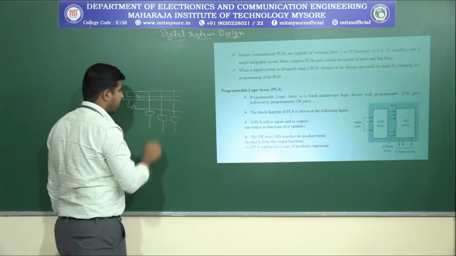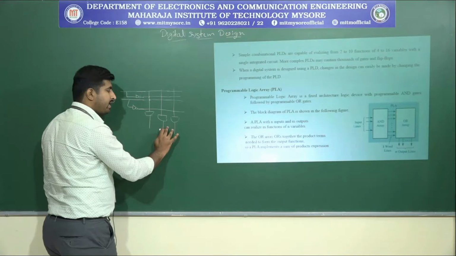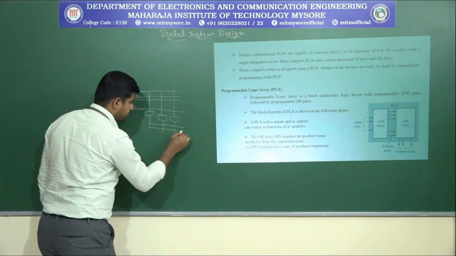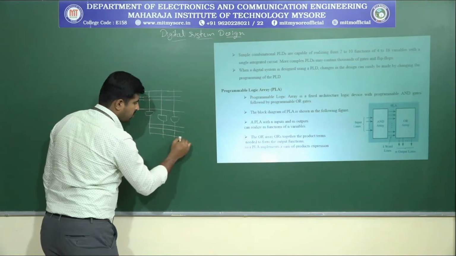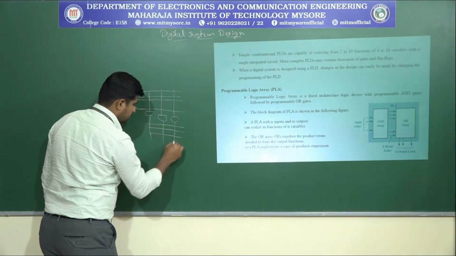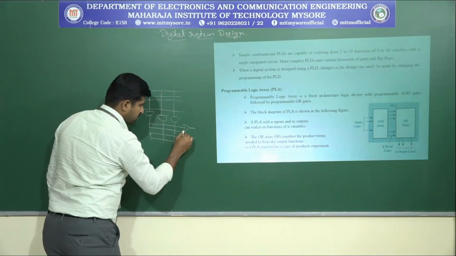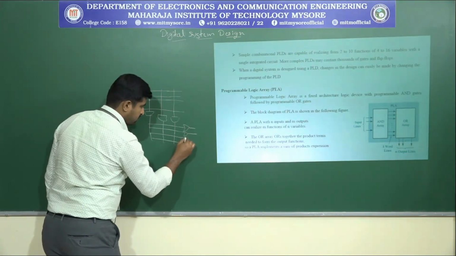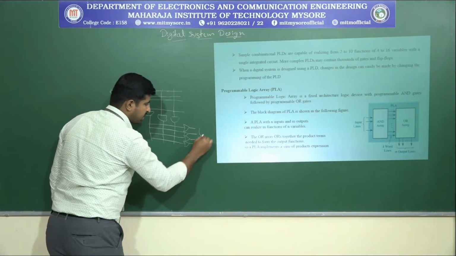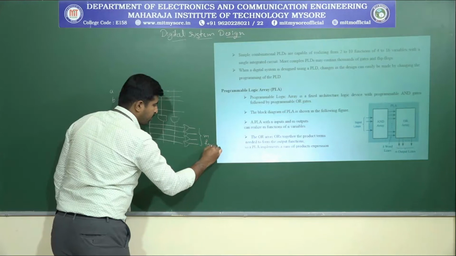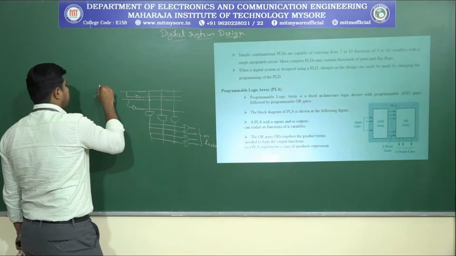Okay, let's come to that one later. And all the programmable AND gates are connected to the OR gates, like this. So this is how it will be. This corresponds to the m function outputs, and these are the n input lines.